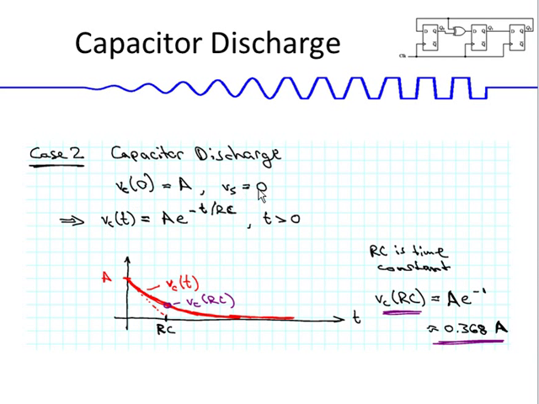Plugging those values into the solution for the differential equation, we find that Vc of t is equal to A times e to the minus t over RC, so that's an exponentially decaying curve. If you take the derivative again, you get minus 1 over RC times A, so that line that goes from A down to RC is the tangent to the discharge curve at time 0.